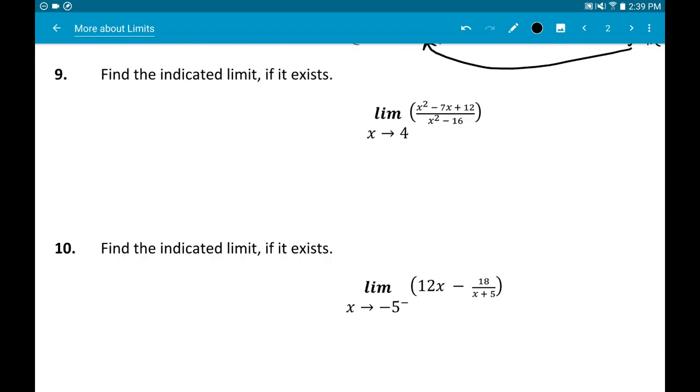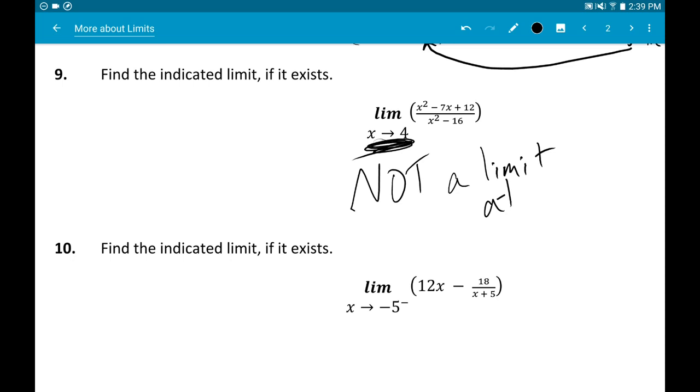Okay, and number 9 here, look at what they're asking. Notice this is x approaching 4. So this is not a limit at infinity.